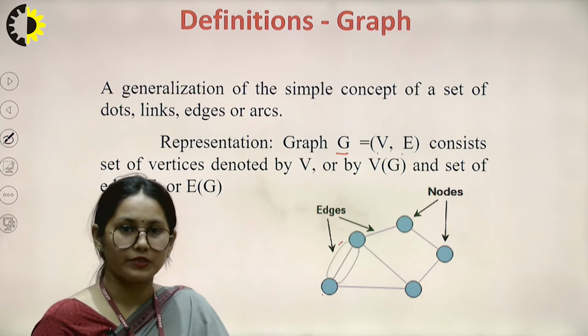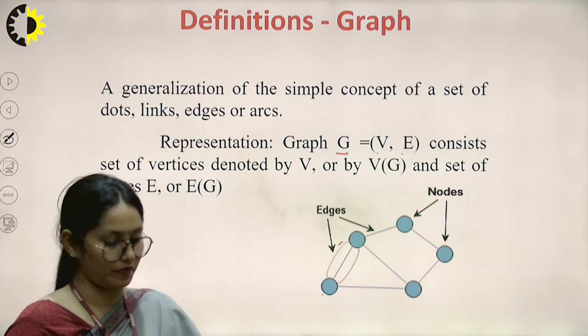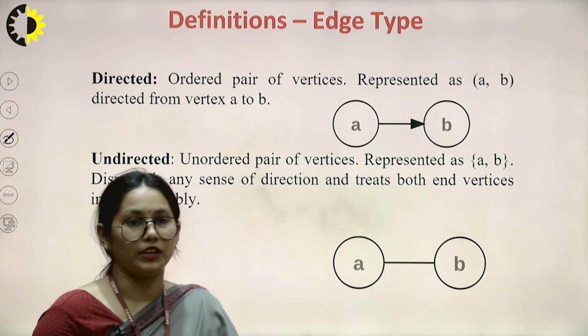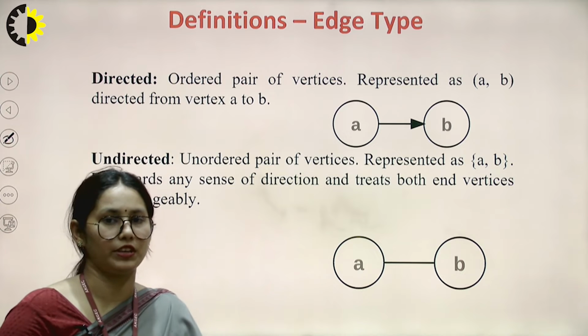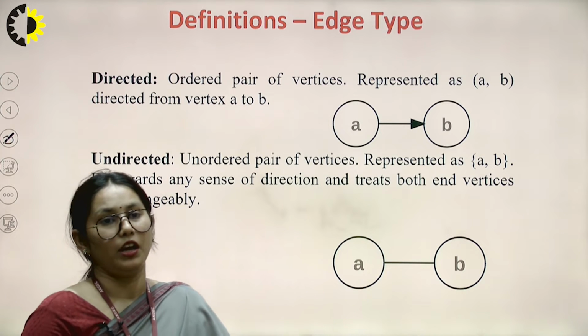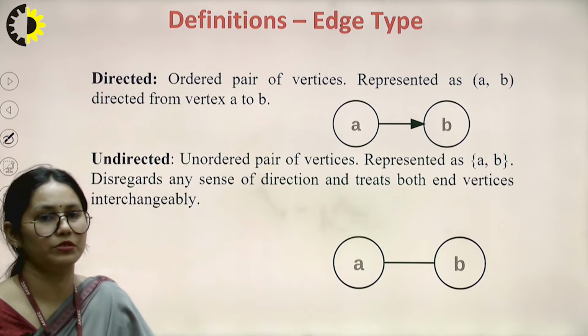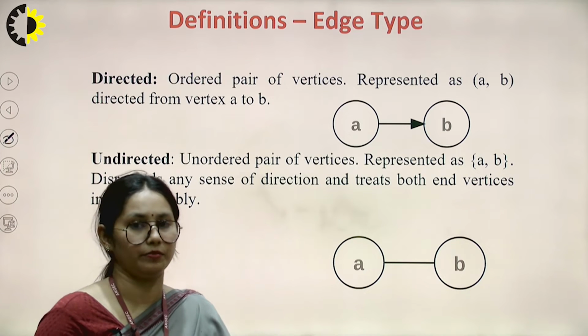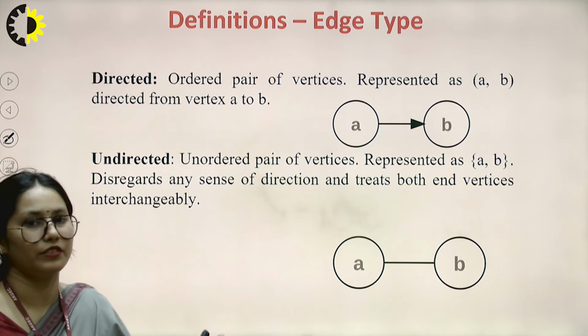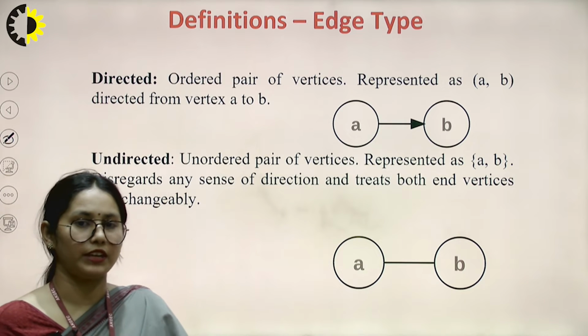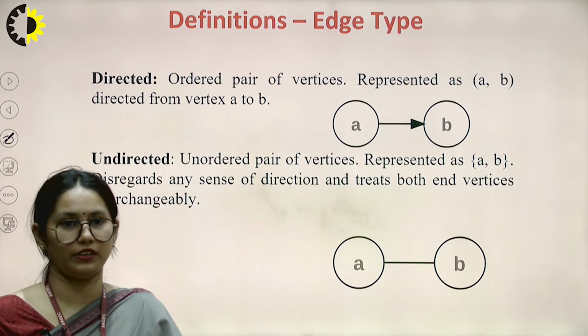Then what are the various kinds of graph and what are the terminologies associated with them? First of all, let's come to directed and undirected. Before going to the types of graph, we need to understand that there are two terms associated, directed and undirected.